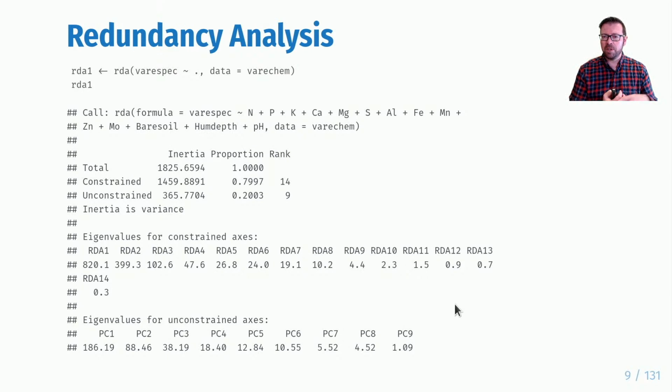In redundancy analysis, we're saying that the responses respond linearly along the gradients, and the gradients are linear combinations of the measured environmental variables. And in canonical correspondence analysis, in CCA, we say that the species respond unimodally, according to some species packing model, along the gradients, and the gradients that we extract have to be these linear combinations of the environmental variables.